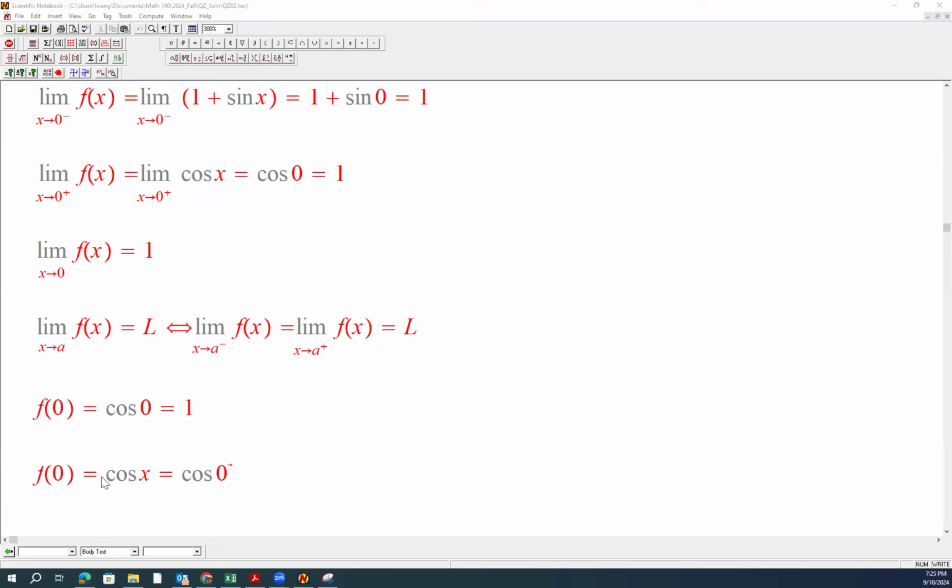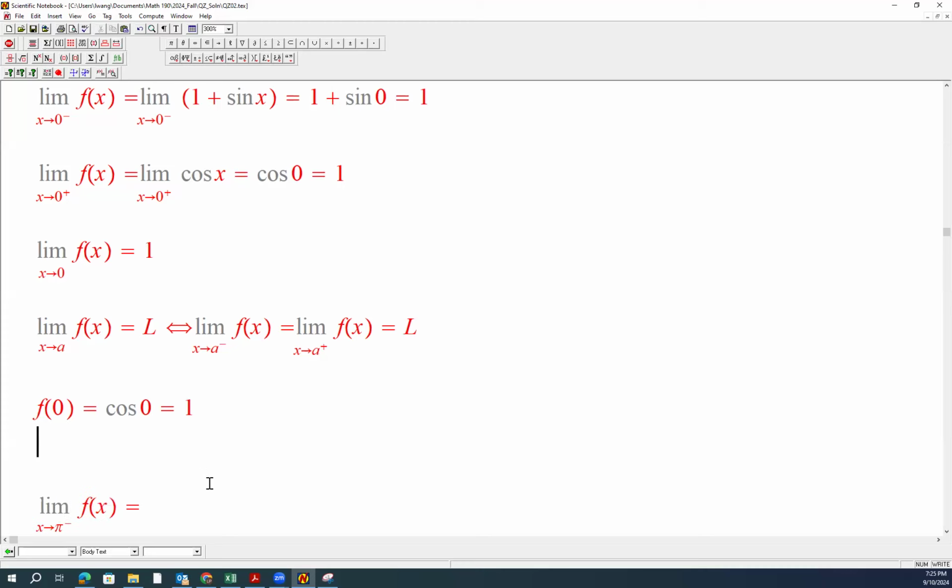So you should remove this piece. This is f of 0 equals cosine 0. If you insert cosine x there, that's a mistake. They're not the same. You're telling something that's not true.